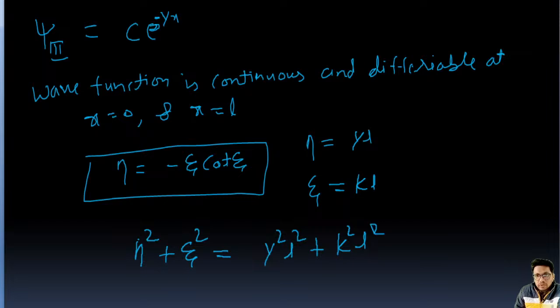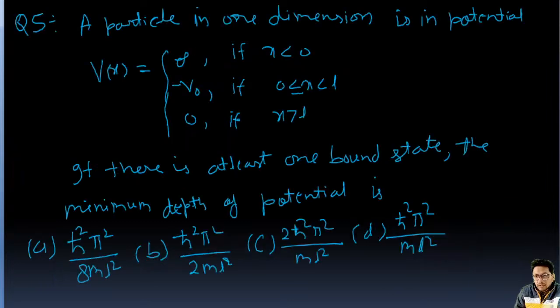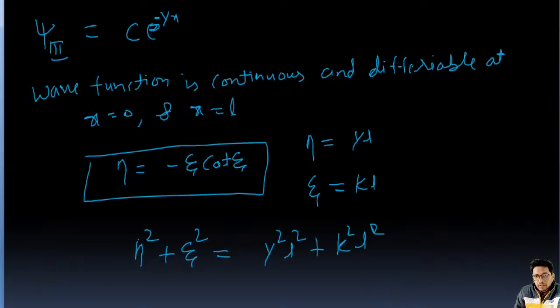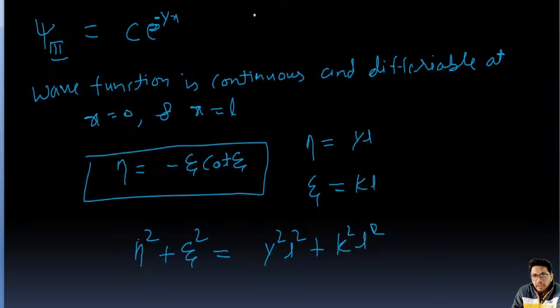We know the value of K is this one, and the value of gamma, you also need to write, this is root 2m, minus e, because v is less than this, so v minus e upon h square, this is the value.